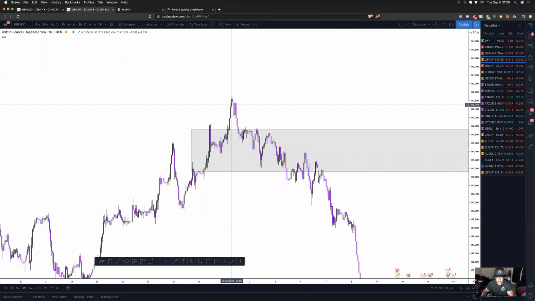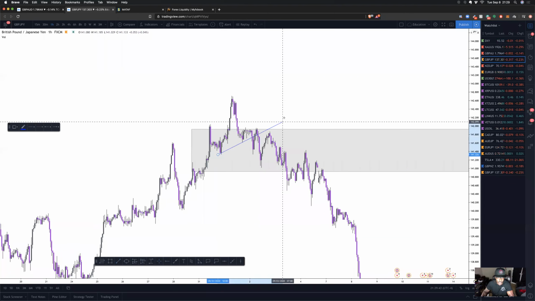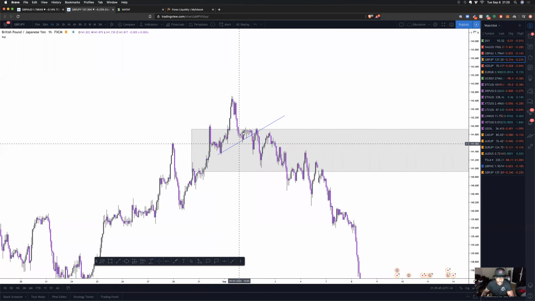You had this high here, price came back, this was the higher low that needed to be broken. Price formed a higher low here. If you draw a quick trend line in there, you can see it broke out of the trend line, came back and formed that lower high. Now, all of this that's highlighted was that one candle on the daily.